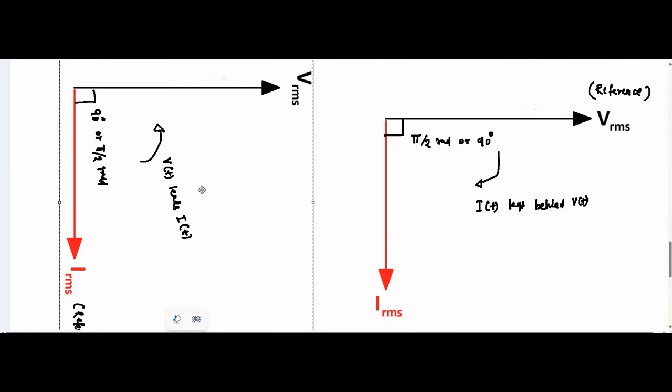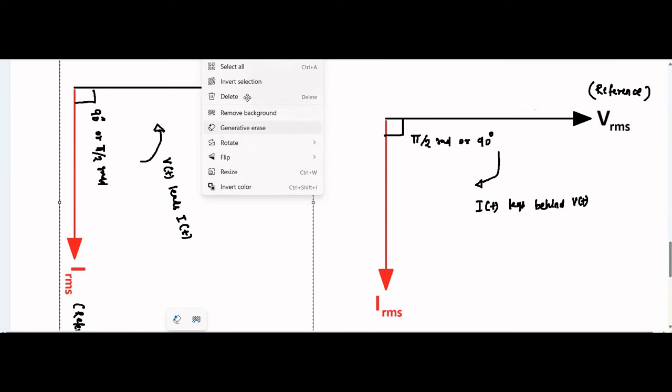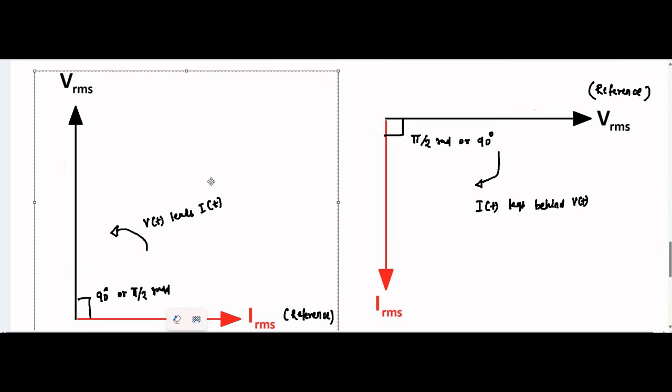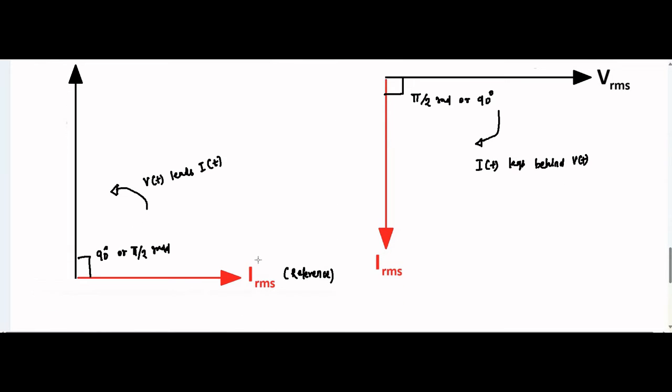Let me show you. It's the same thing. Both the diagrams are the same, just a different way of representing. Let's take it back to the original. So this is what you have to understand: different ways of expressing the same thing.